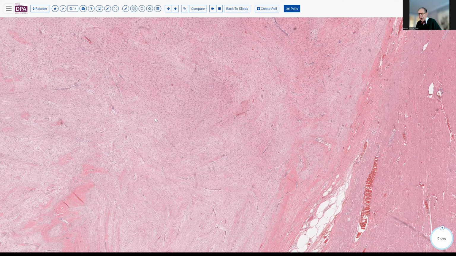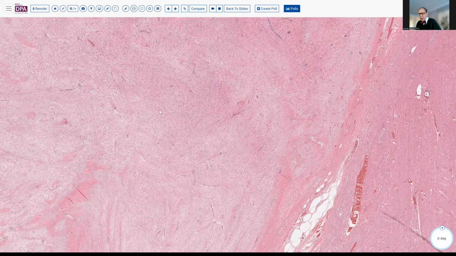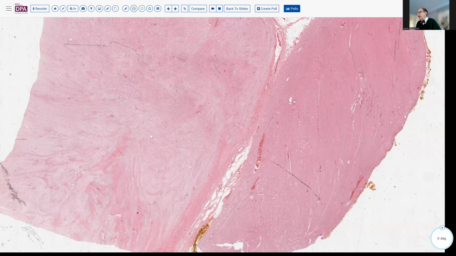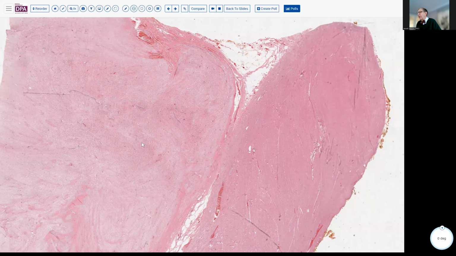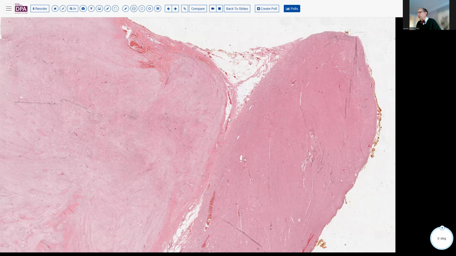There are some newer gamma secretase inhibitors that have been shown to have remarkable efficacy with this lesion. And so that becomes a consideration as you're looking at needle core biopsies, rather than, as you can see here, a rather radical resection that included muscle and so forth. Now, these can occur in a variety of locations.